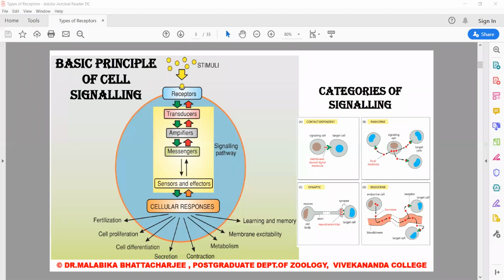Once the signal is magnified, the messenger carries the message further downstream to the sensors. Sensors may be the DNA itself. And the effector is that once the DNA senses that a particular gene needs to be activated, gene transcription of that particular effector signaling gene occurs. So there are effectors and then there is cellular response.